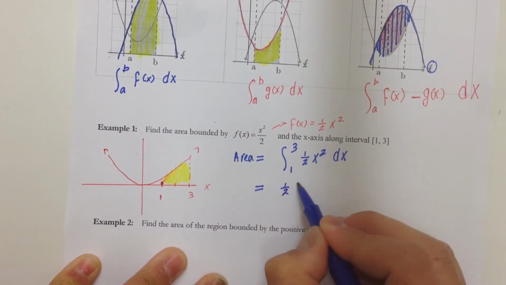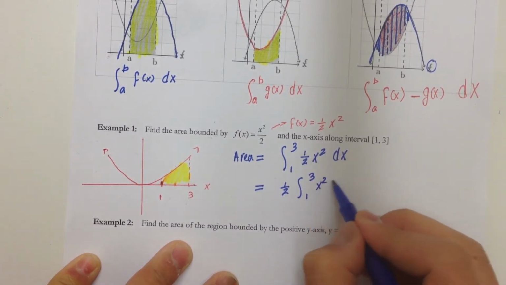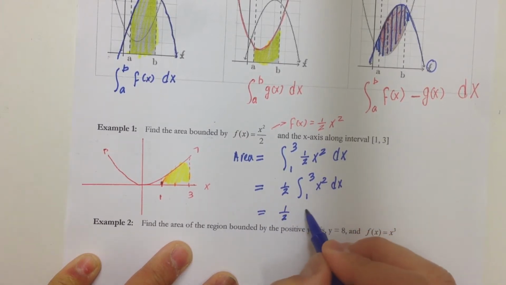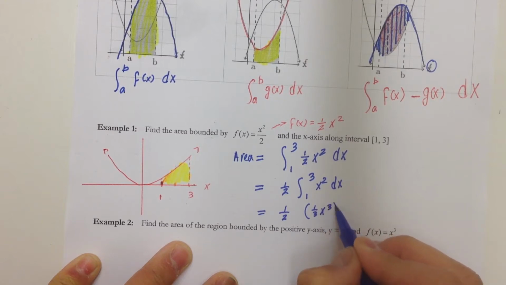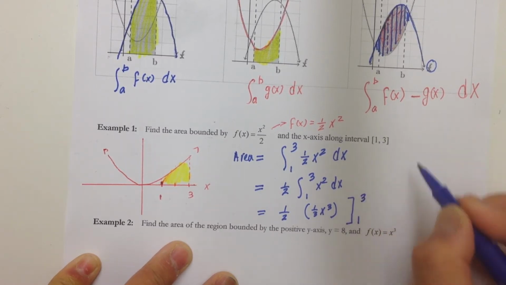Bring the 1/2 to the front because a constant can be brought to the front, and then integrate this. The antiderivative of x squared is x to the 3rd over 3. We're going to evaluate that from 1 to 3.